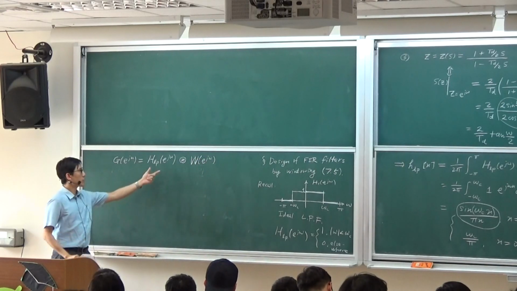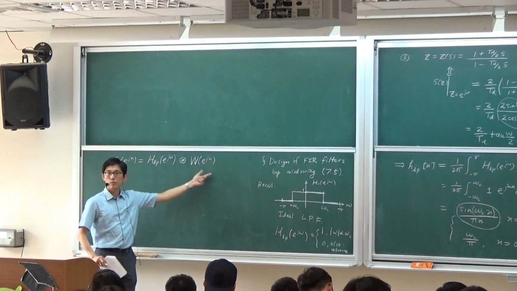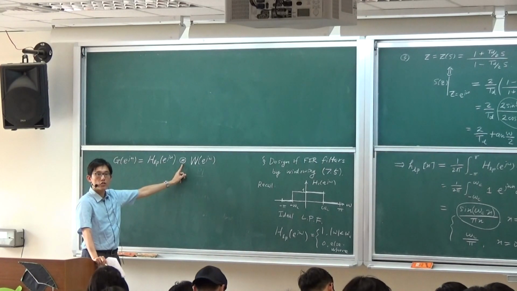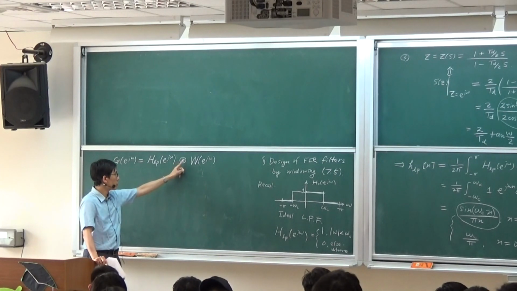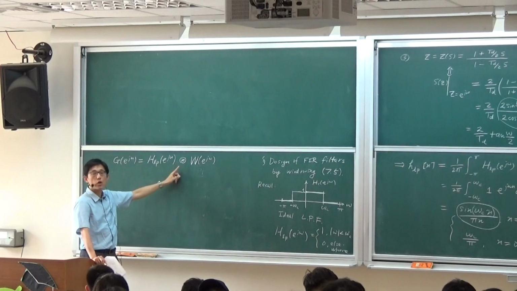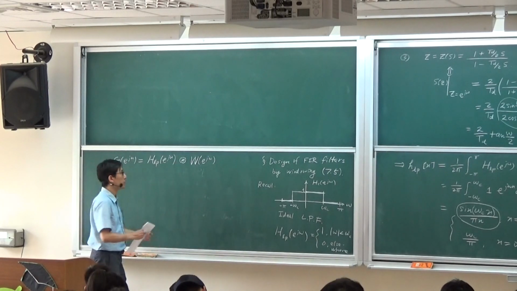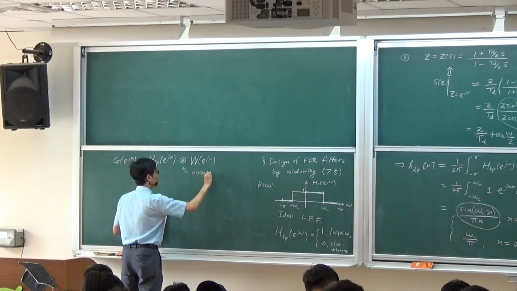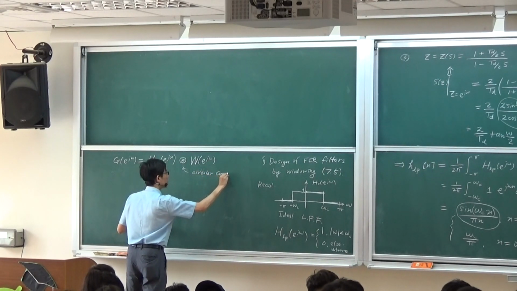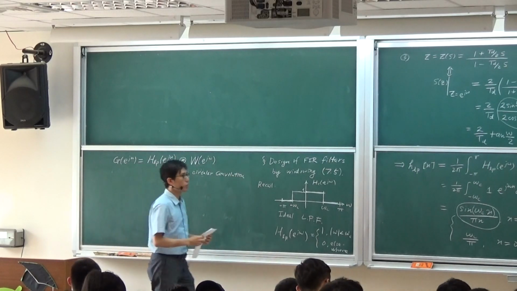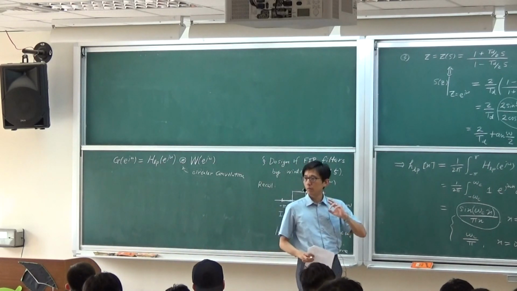Basically, it means the convolution of two spectra in the frequency domain. The notation I came up with is convolution with a circle around it. Sometimes people call this circular convolution, because the convolution happens on the unit circle, basically.